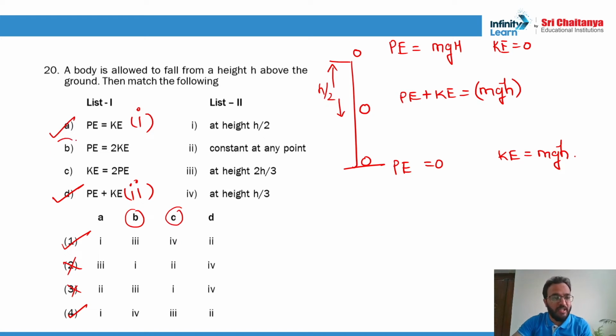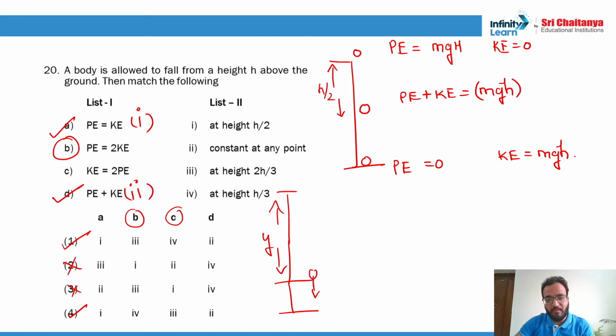So let's check for B. Let's say they are saying that at a height y from the ground, the potential energy is equal to 2 times kinetic energy. What is potential energy right now?